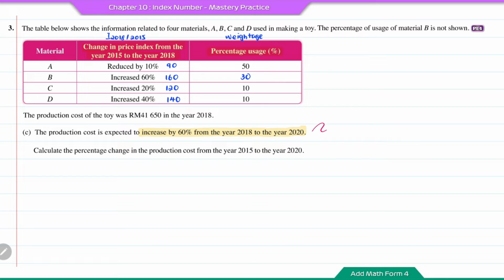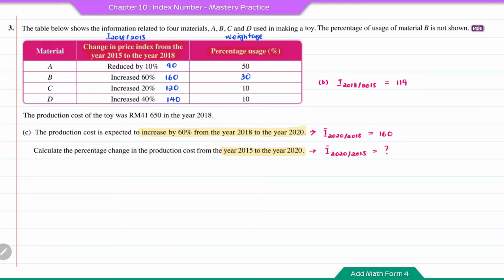So from this sentence here, we know that the composite index in the year 2020 based on 2018 is equal to, so increase by 60% means 100 plus 60, which is equal to 160. So in question B, we already found the composite index in the year 2018 based on 2015, which is equal to 119.